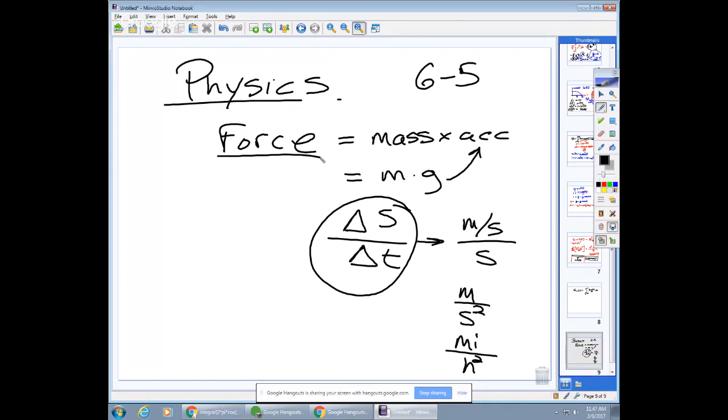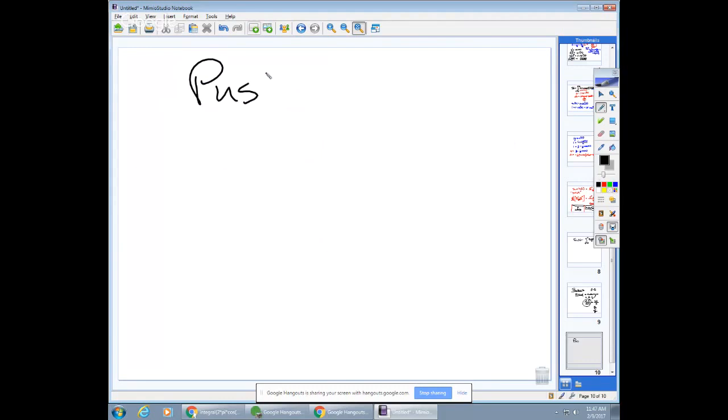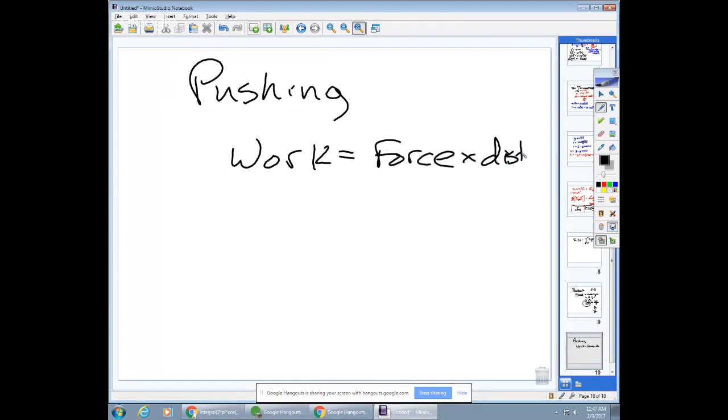I can hit something or push something, and if I keep doing that, I'm straining my muscles. I'm using energy, right? And that's what we call work. And work is defined as force times distance. Force times distance.